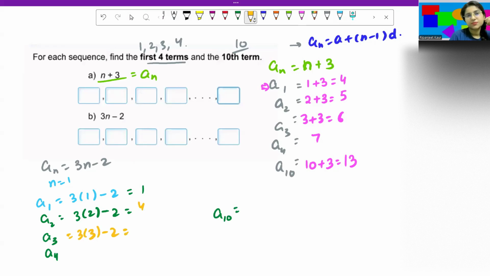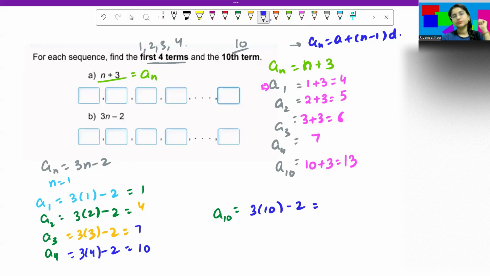What is the answer? 7. A4 is 3 times 4 minus 2, which is 10. And a10 is 3 times 10 minus 2, which is 28. So that's our answer.